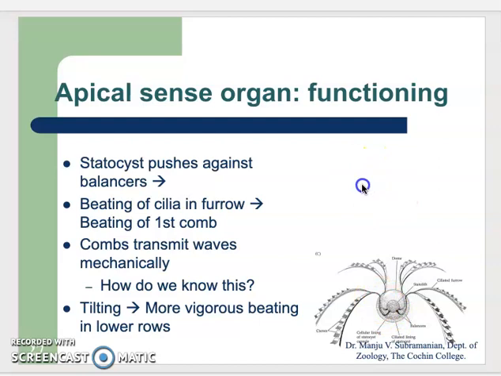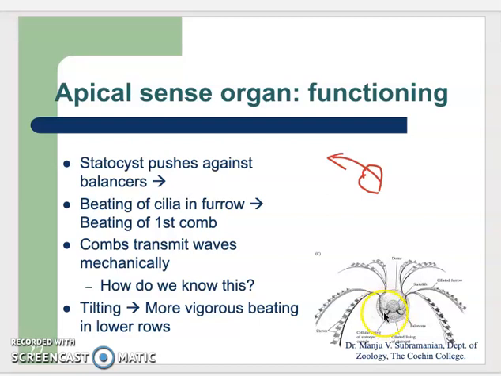If this organism, while moving, is inclined to any one side, that information will be received by the statolith through the nerve network, and the statolith exerts pressure on the balancer on the inclined side.